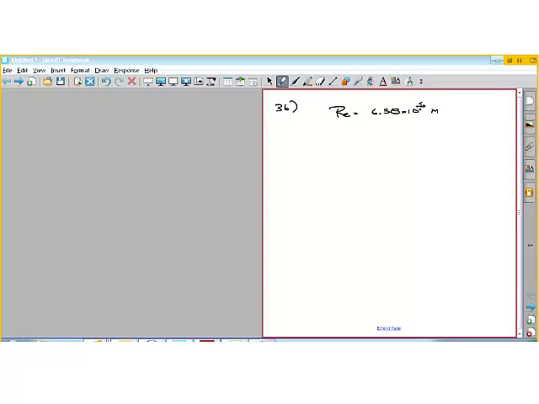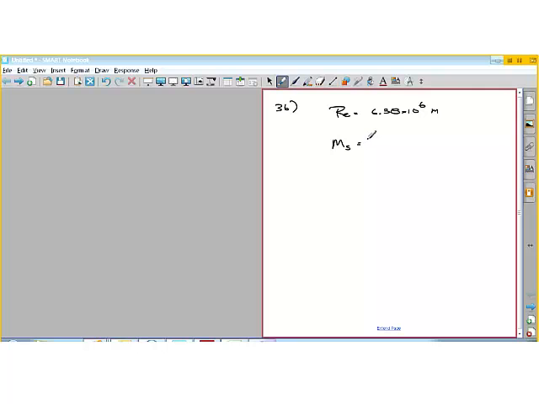Okay, and we need to know the mass of the Sun. So where is the mass of the Sun? Well, let's see.